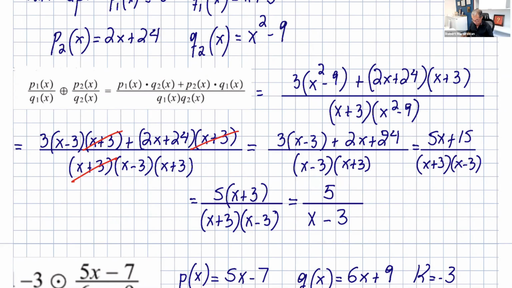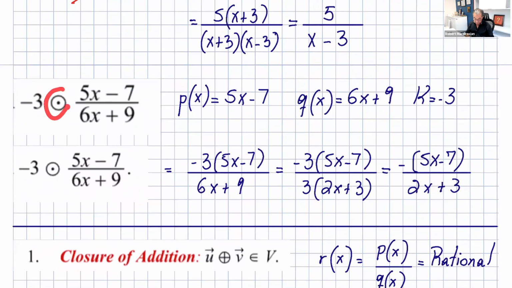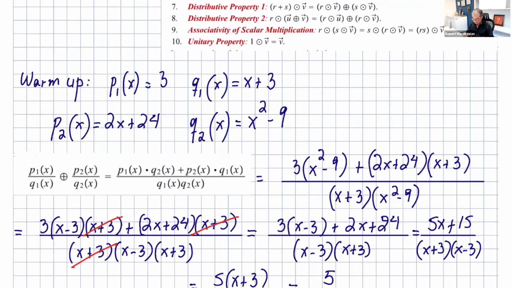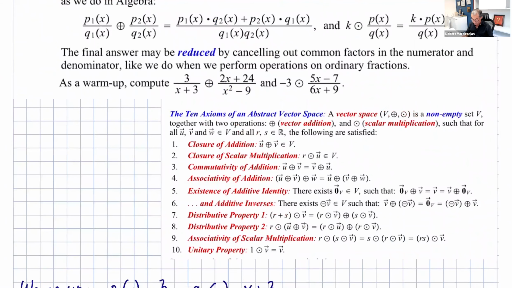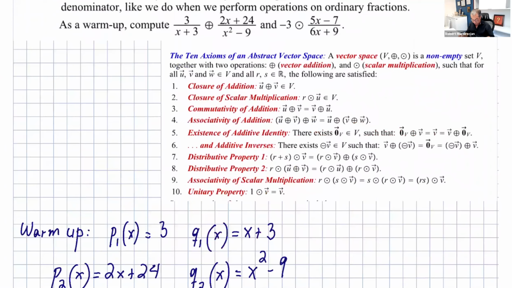These are simple simplifications, some little algebra. And negative 3 scalar 5x minus 7 over 6x plus 9. In this case, p of x is 5x minus 7, q of x is 6x plus 9, and k is negative 3. So if we substitute, the formula is here, that's what we have to use, which is pretty simple.